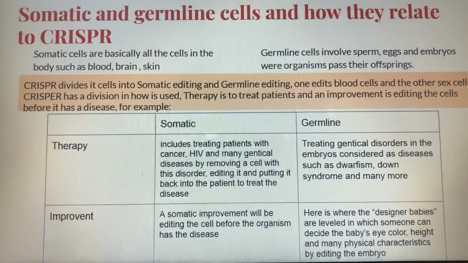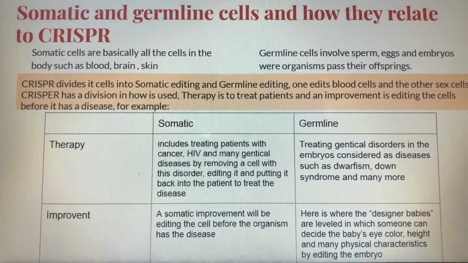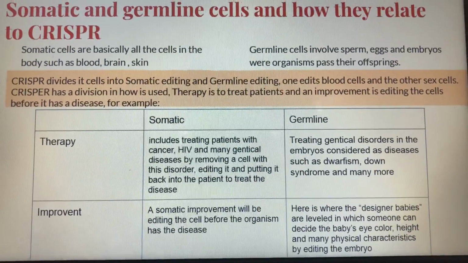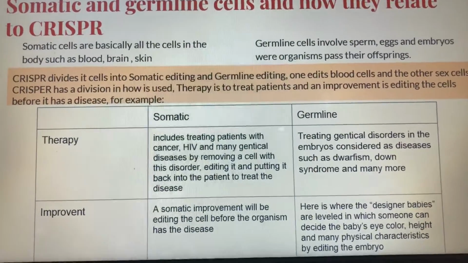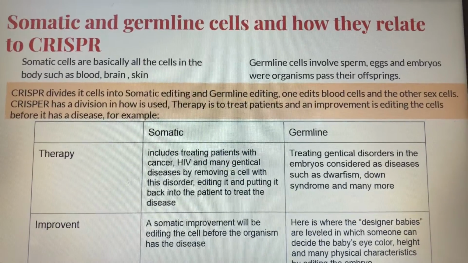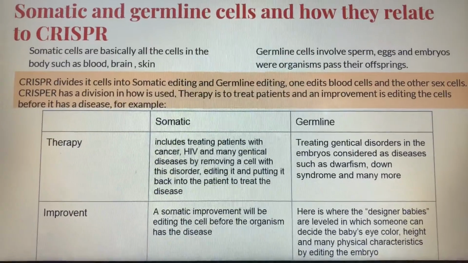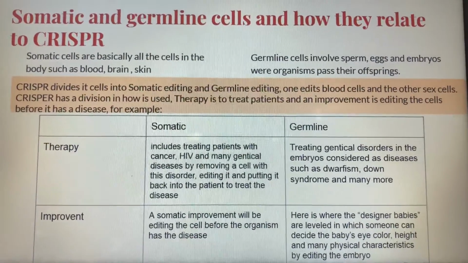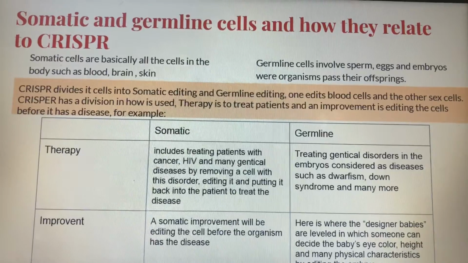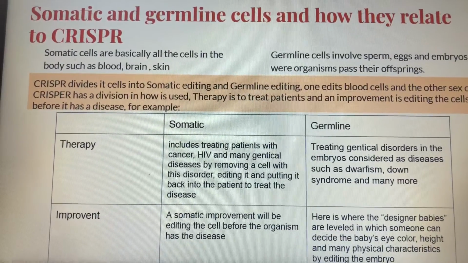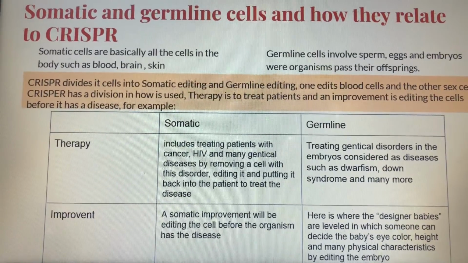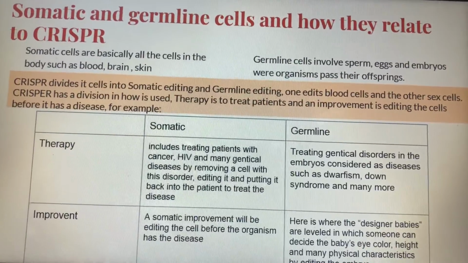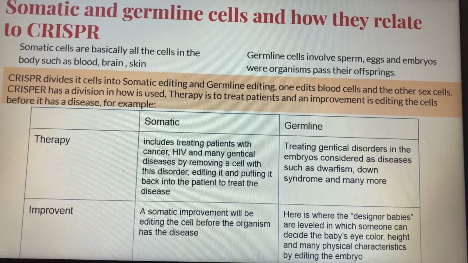CRISPR also has a division in how it's used. Therapy is to treat patients that have a disease, and improvement is editing the cells before they have a disease. For example, a therapy for somatic cells would be treating cancer or HIV, which is currently done in many cases.